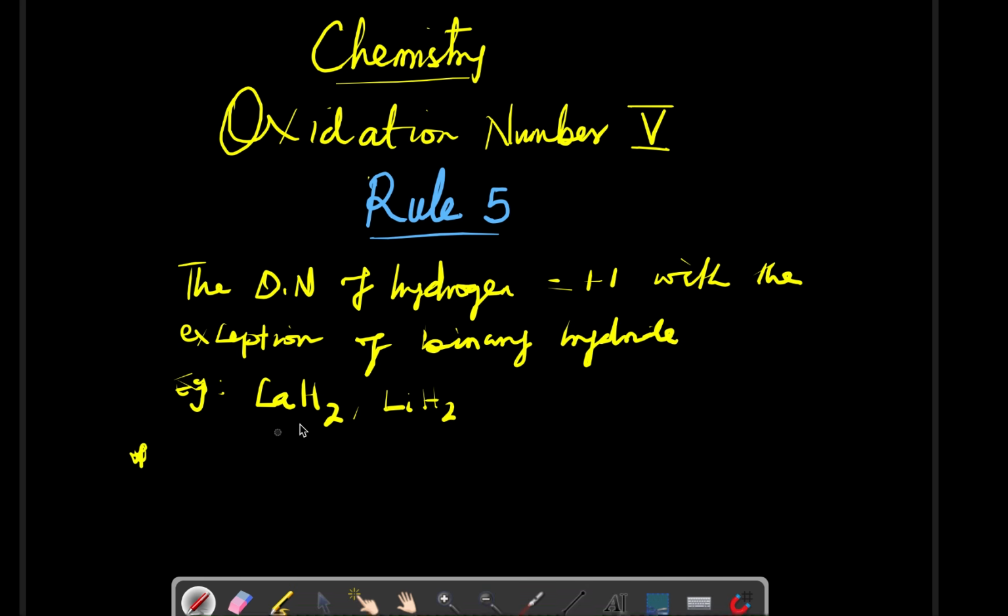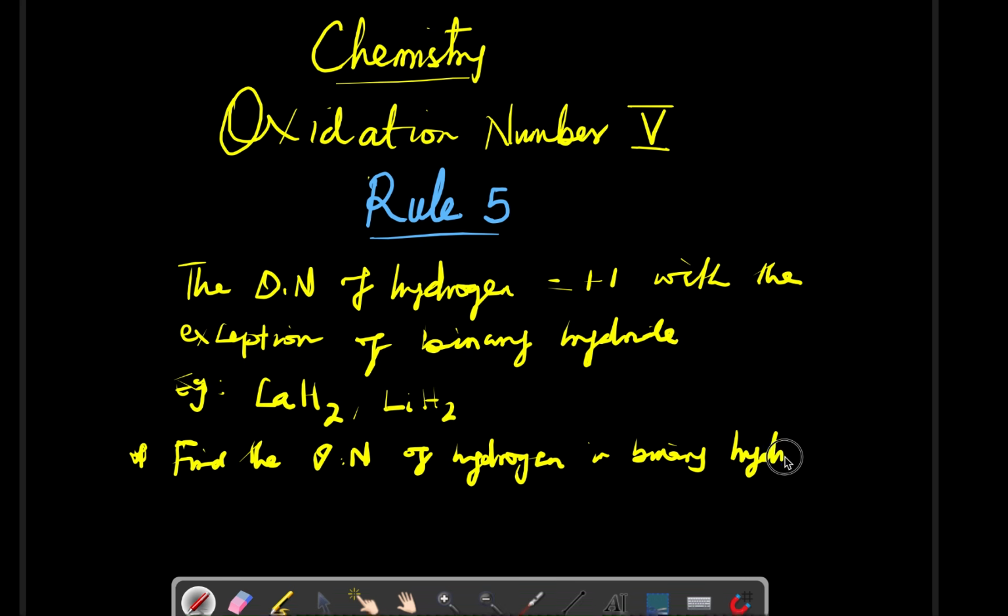Maybe a question comes saying find the oxidation number of hydrogen in any of the binary hydrides I told you. If they say find the oxidation number of hydrogen in any of these binary hydrides, it is very, very simple. Just know that the answer is -1 without you even solving. Very, very simple, it is -1.